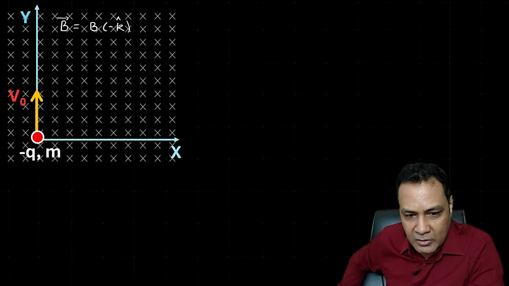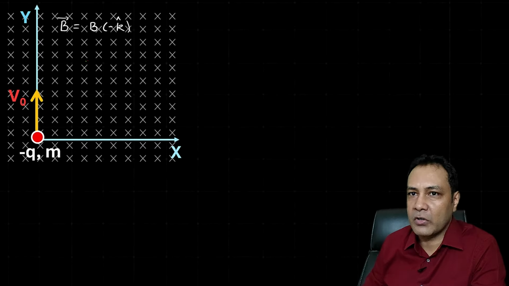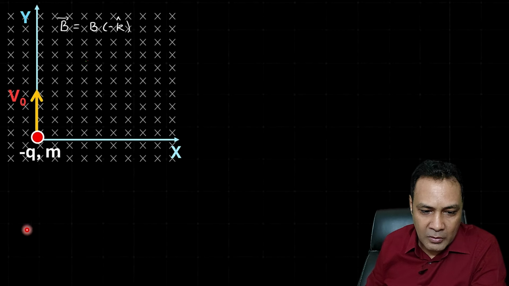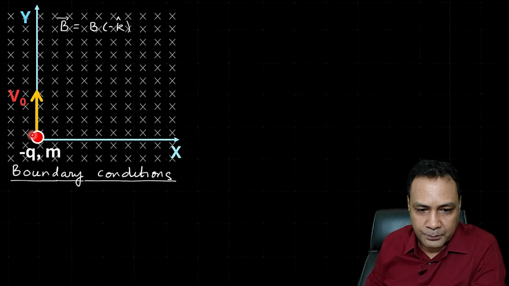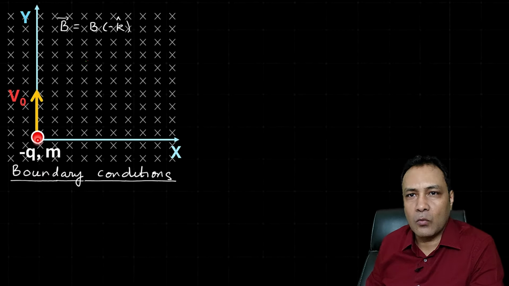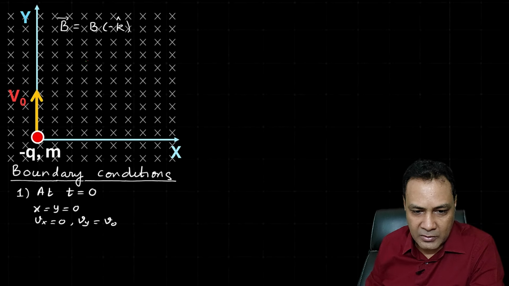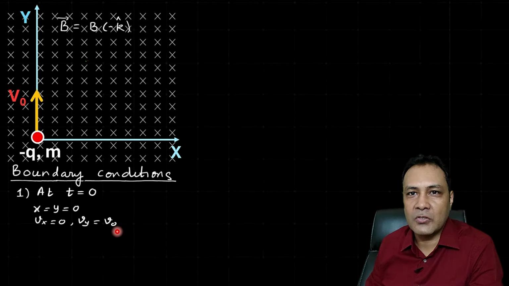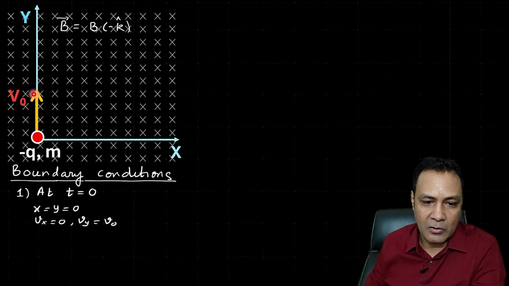First let me write the boundary conditions. What are the boundary conditions at t equal to 0? At t equal to 0, the x and y coordinates are 0 because the particle is at the origin, and the x component of the velocity is 0 and the y component of the velocity is v naught because the particle is projected along the y direction.